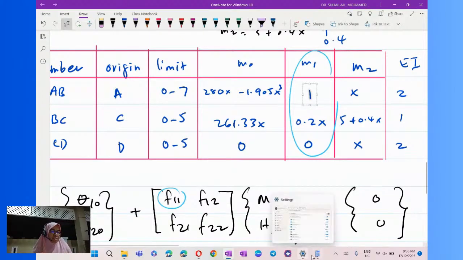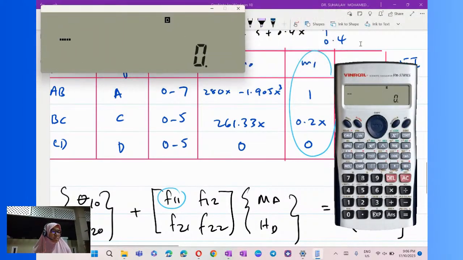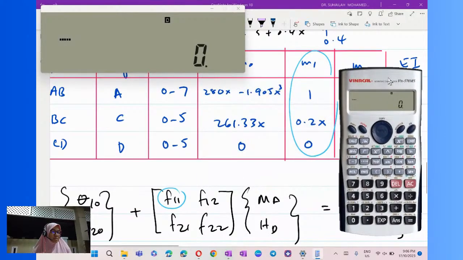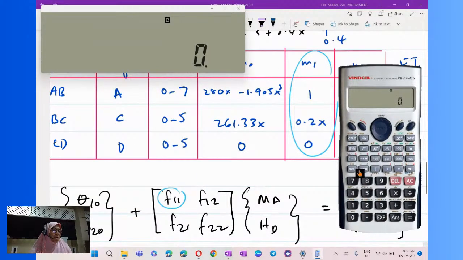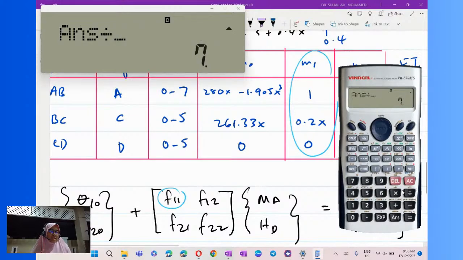Okay, 1 squared from 0 to 7, close, divided by 2. That is for AB.